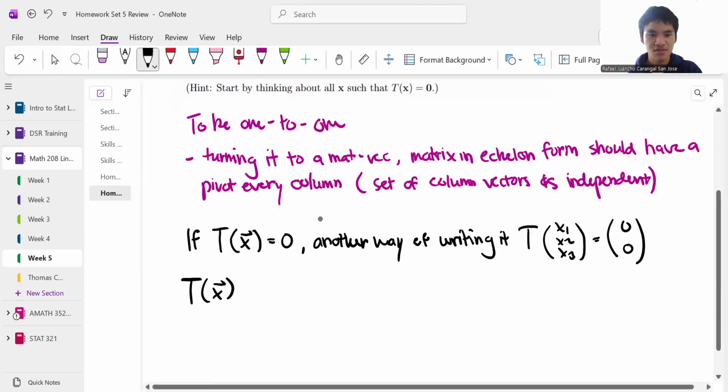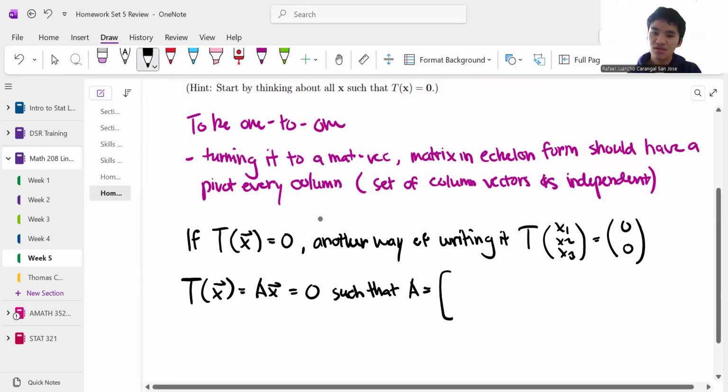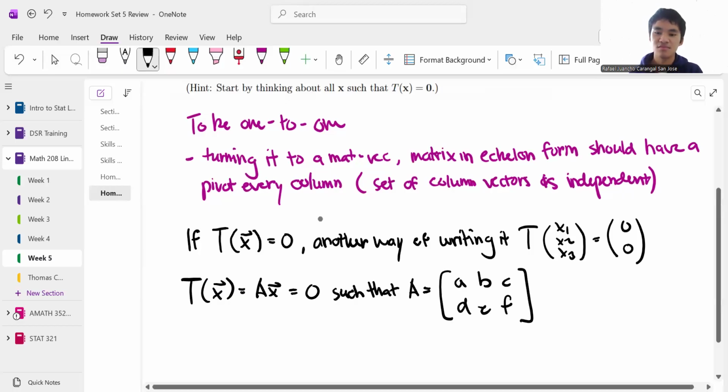So T of x is the same thing as Ax equals 0, such that A would be a, b, c, d, e, f, right?